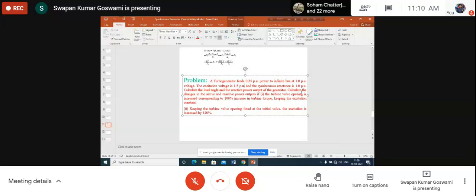We shall see. Calculate the change in the active and reactive power output. Number one: the turbine valve opening is increased corresponding to a 100% increase in turbine torque. That means we have to calculate the change in the active and reactive power output of the generator when the turbine valve opening is increased. The valve opening is increased means obviously more steam is entering the turbine, and how much is increased?